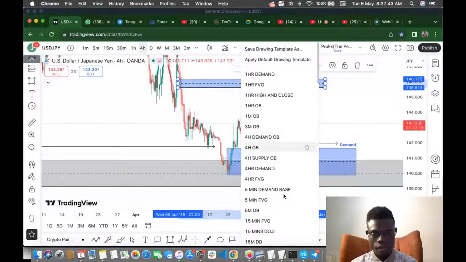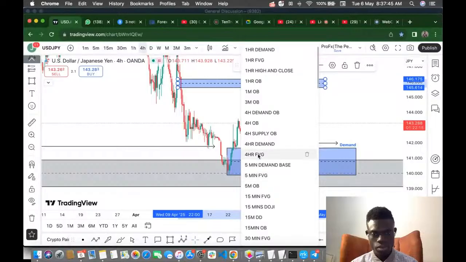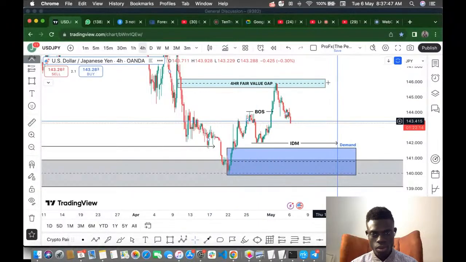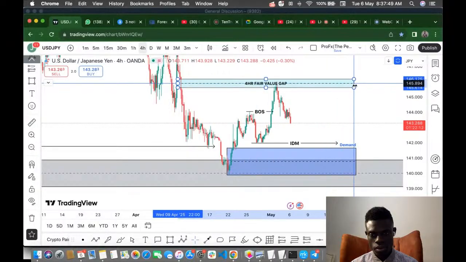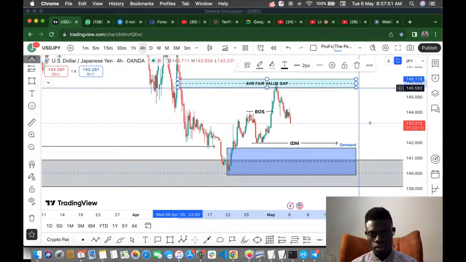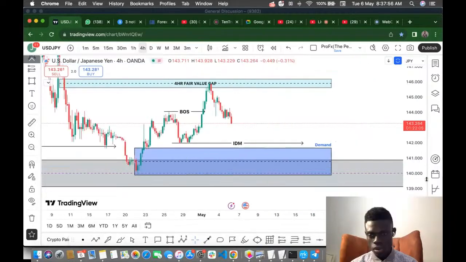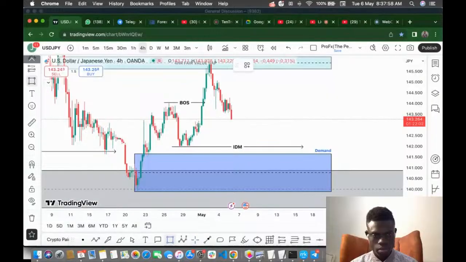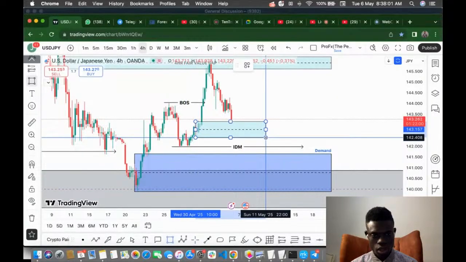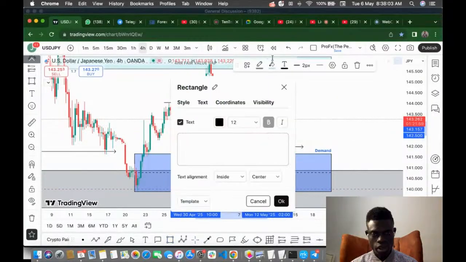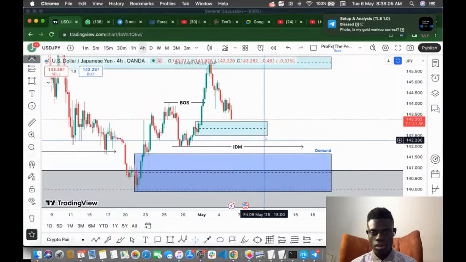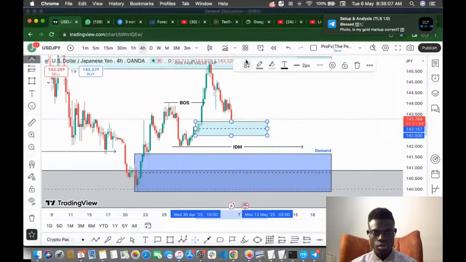4 hours fair value gap. Like we have said, our first point of interest will be this one for alignment.